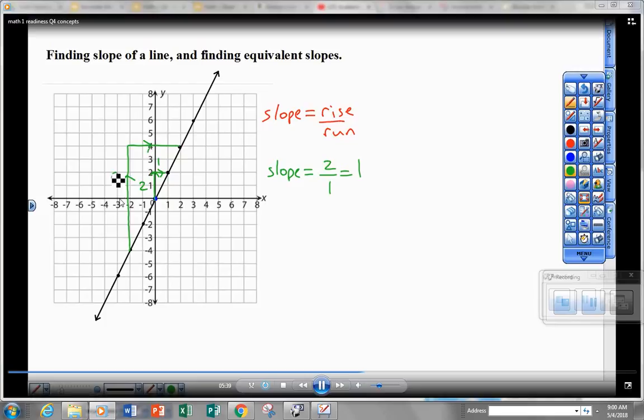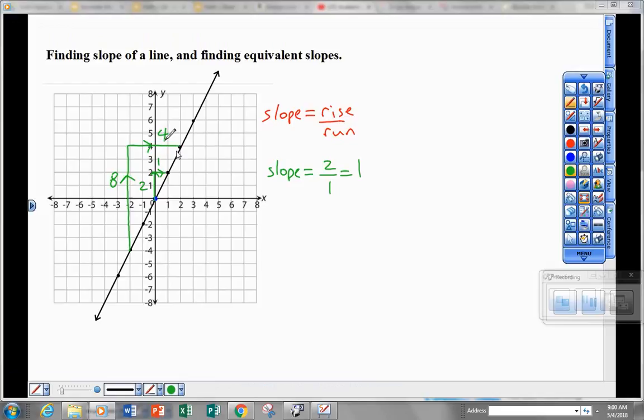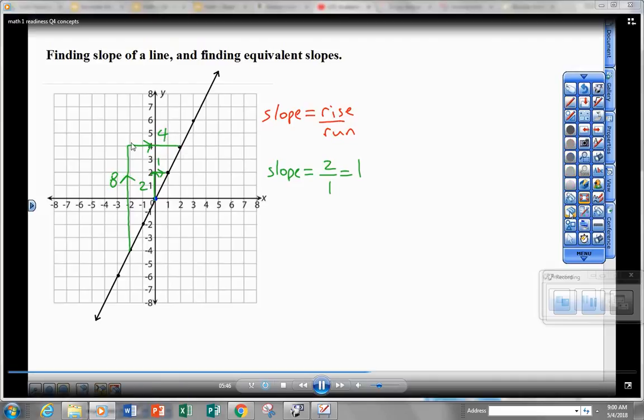So up 6, I'm sorry, this looks like 8. 1, 2, 3, 4, 5, 6. Yep. Going up 8 over 4. 8 over 4 is equivalent to 2. Going up 8, right 4. Positive 8, right 4. So I fix that and write a 2 right there.